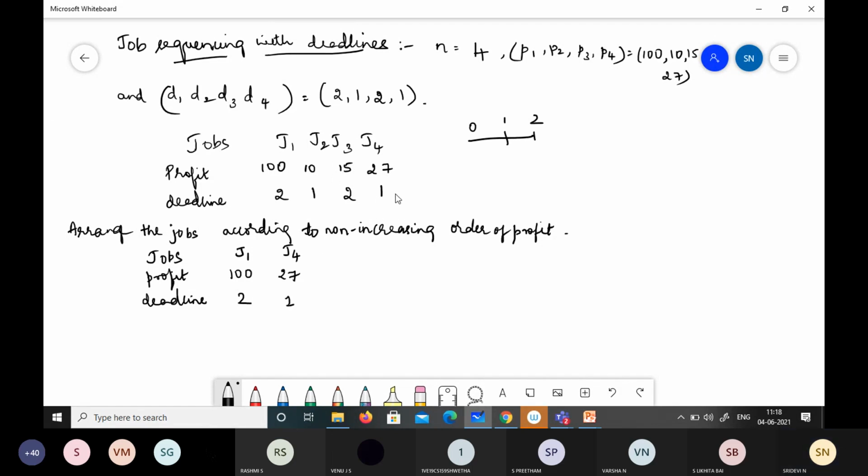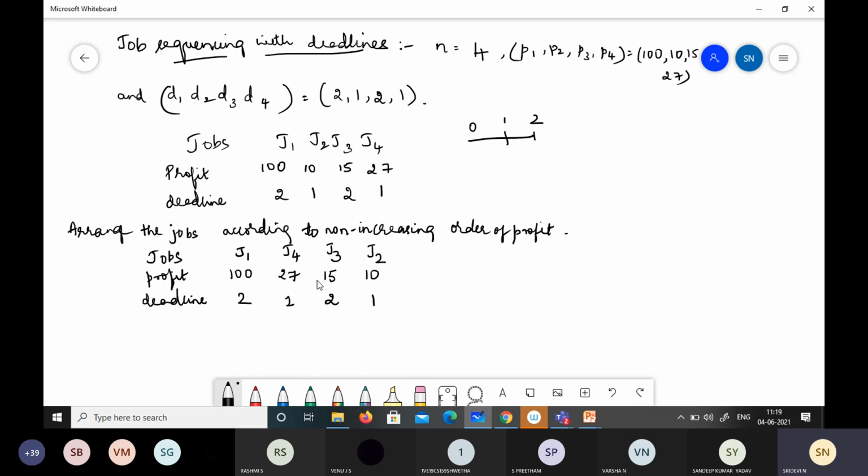J3, because it has a profit of 15 and deadline 2. And finally, we are left with J2 with profit 10 and deadline 1. The first thing we have to do is arrange them in non-increasing order of profit.